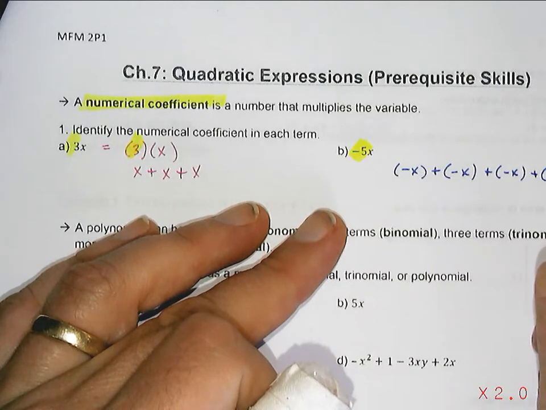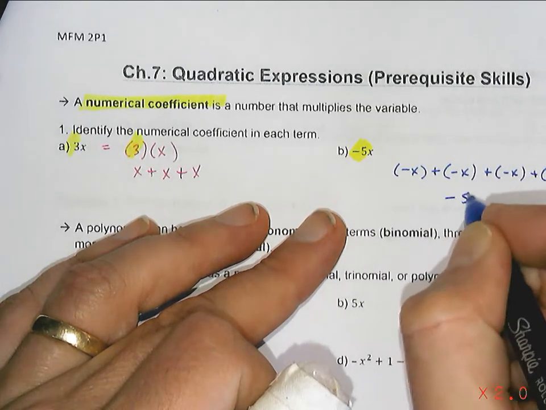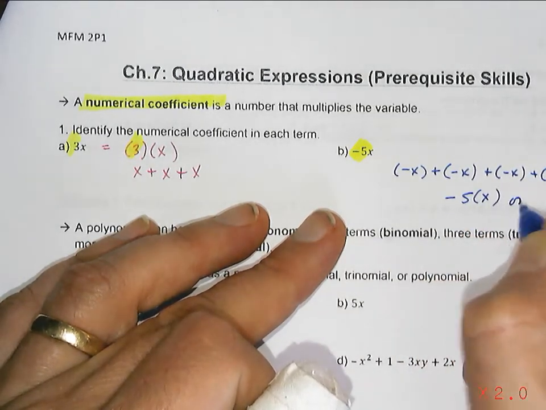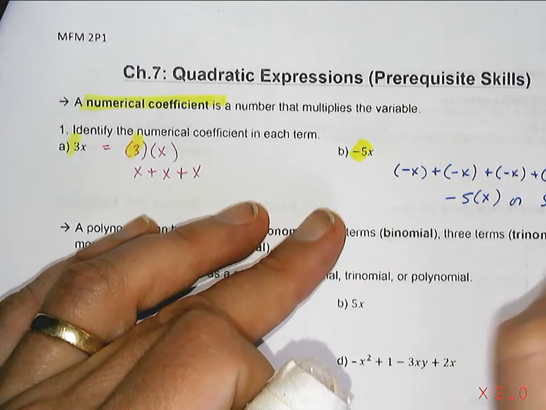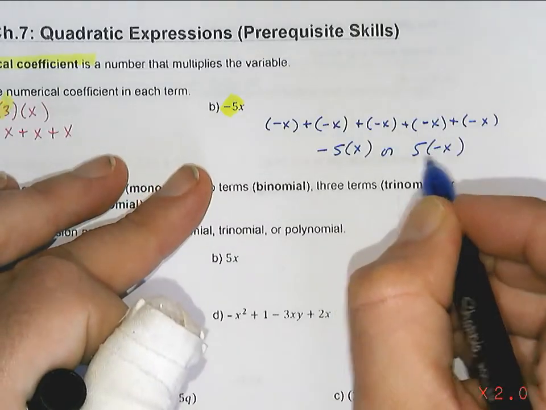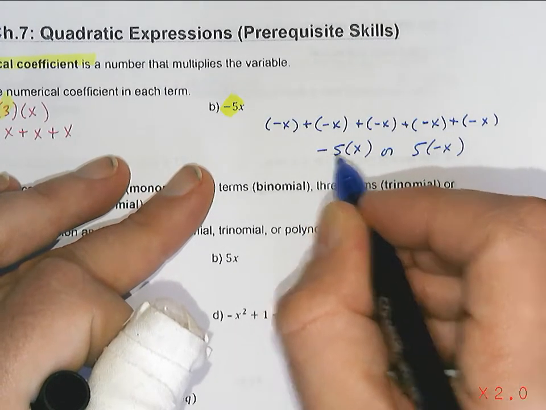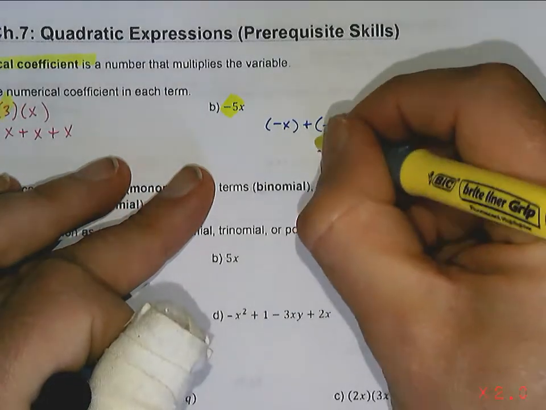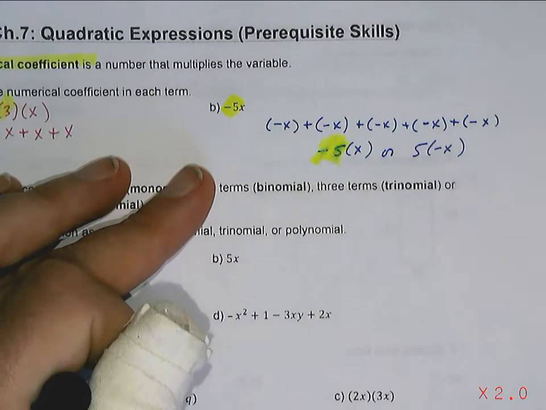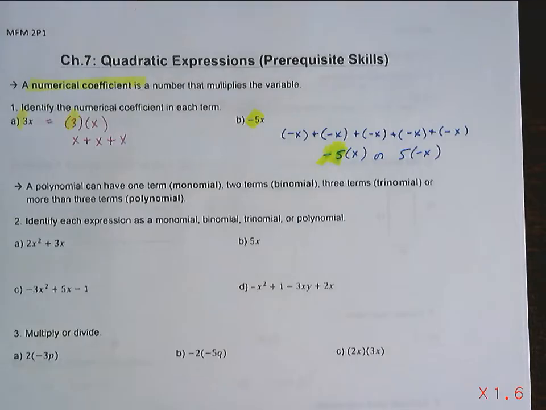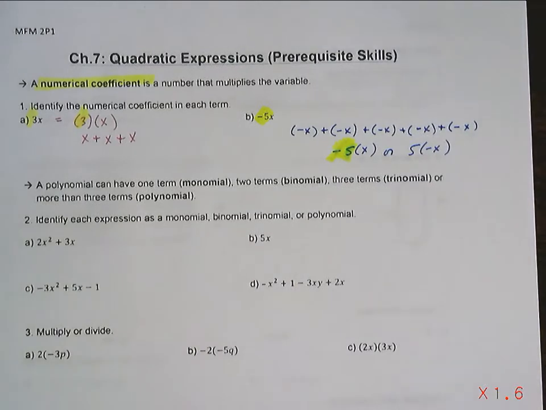No. And a negative x, which means the same as negative 5 times x, or 5 times negative x. But 5 times negative x looks weird. So we put the negative out front, and we put it with the 5. And that becomes our numerical coefficient. The variable part is the letter. The variable part in this one is the x.